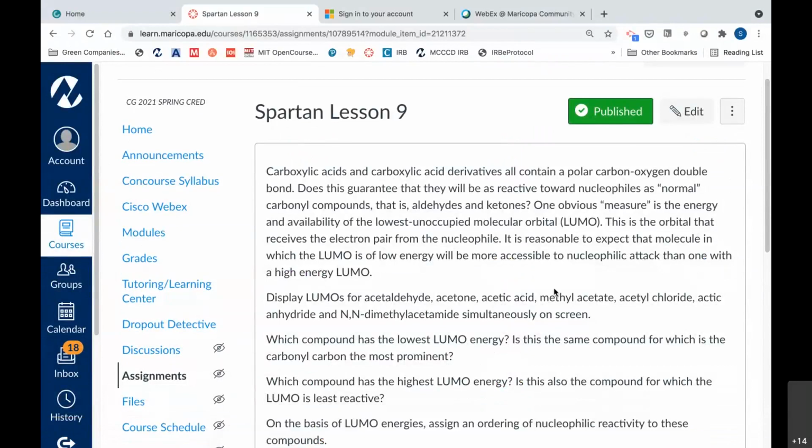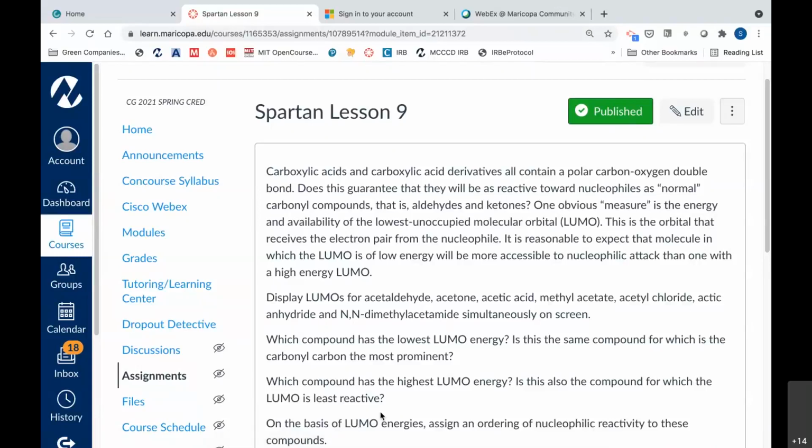We already know some carboxylic acid derivatives react faster than others. Here are a series of them: acetaldehyde, acetone, acetic acid, methyl acetate, acetyl chloride. There's a typo here, I'll fix it. Acetic anhydride and N,N-dimethylacetamide.